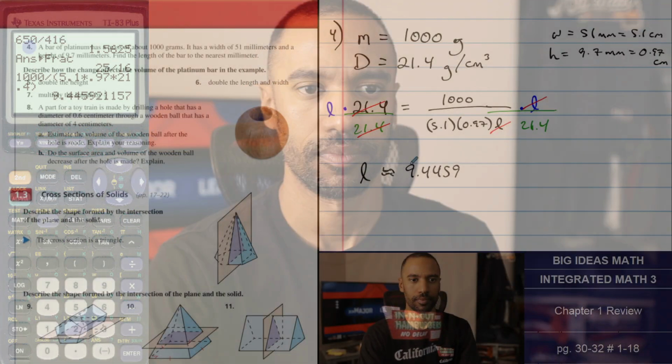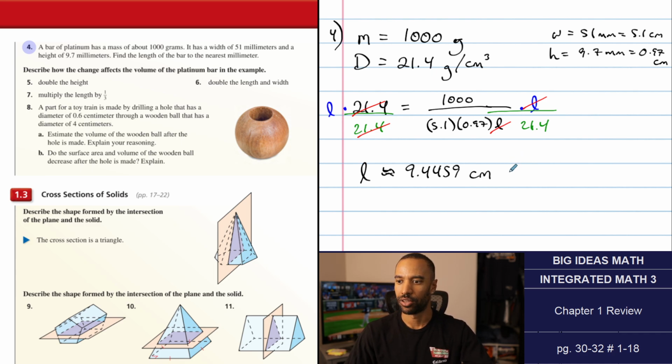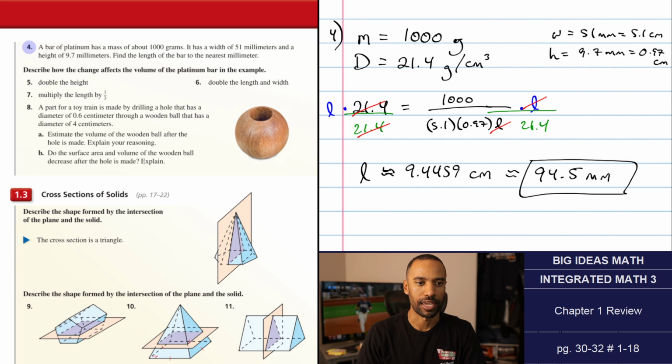So here we're going to get 9.4459 about. This is in centimeters, and we need a millimeters answer. So when I multiply this by 10, I'll get the length of that thing. So it's around 94.5 millimeters. So all told, that's the answer that we're getting.